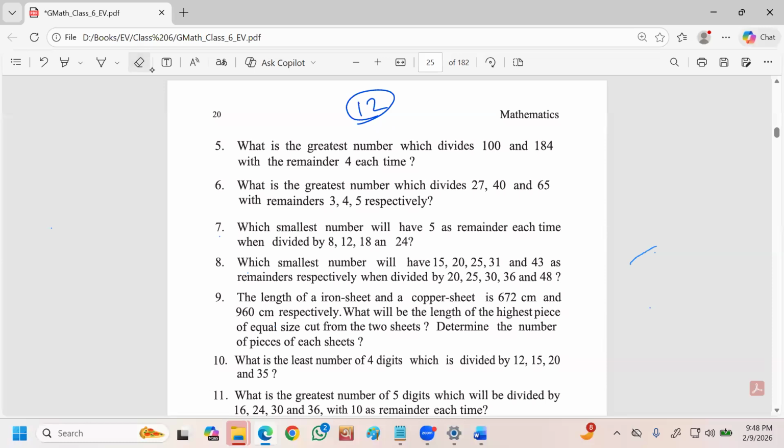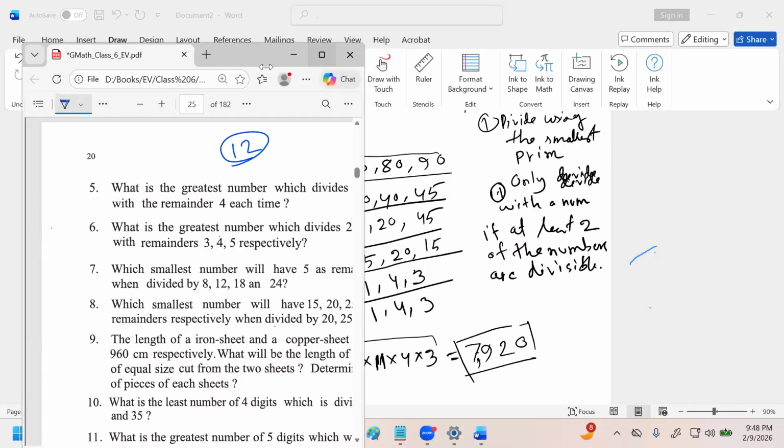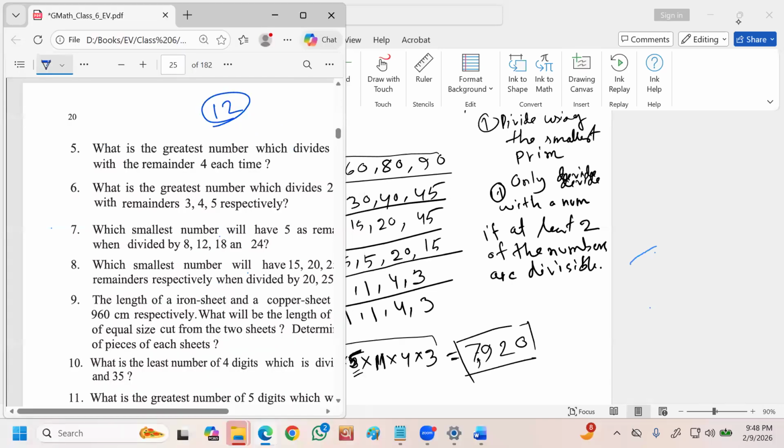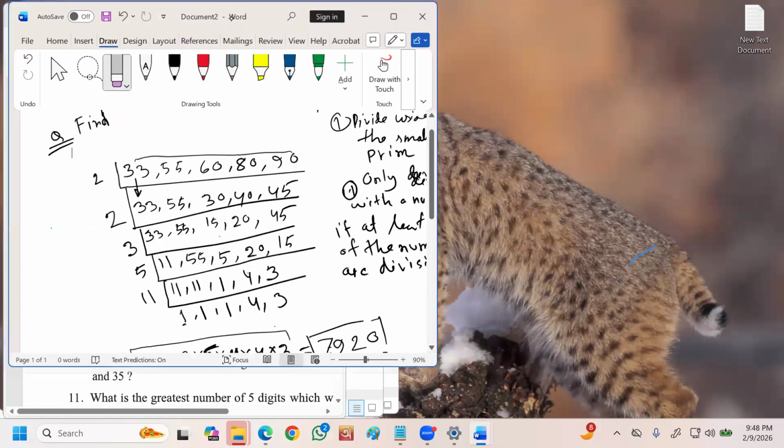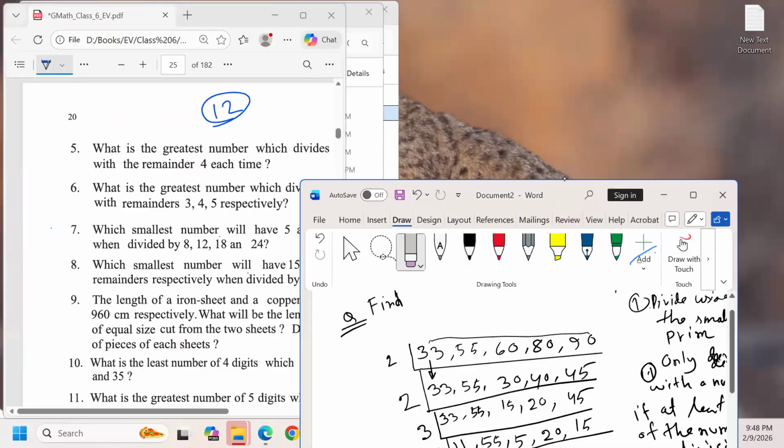Which is the easiest method to calculate this GCD? Division. Exactly. Because if the numbers get bigger, then finding the common factors can be hard, right?